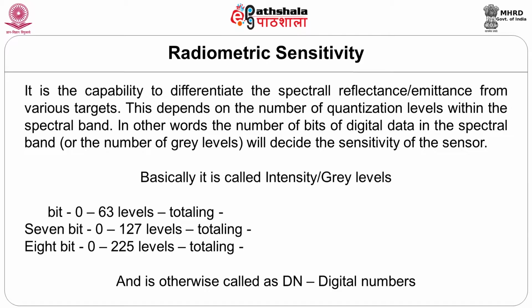That means the capability to differentiate the spectral reflectance or emittance from various targets. Naturally, we talk about the most important thing, the quantization levels within the spectral band, to what extent it can quantify the data. So, quantization level means to what extent these energies are quantified based on the reflectance.